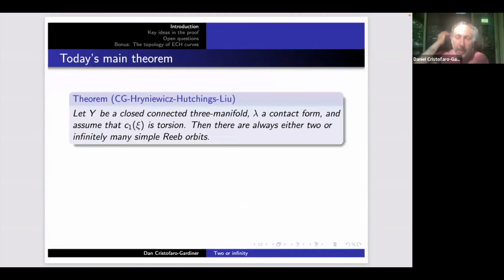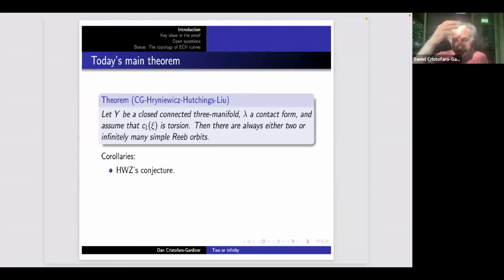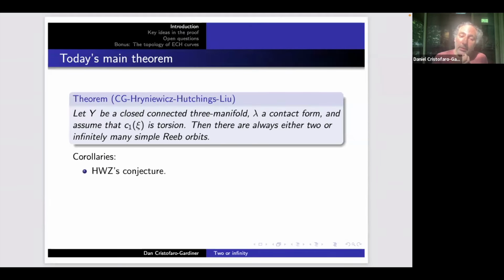So here's the main theorem that I want to talk about today. The point of the theorem is that it does not require non-degeneracy, but there is something required, which is that the Chern class of the contact structure is torsion. You get a lot of corollaries of this.